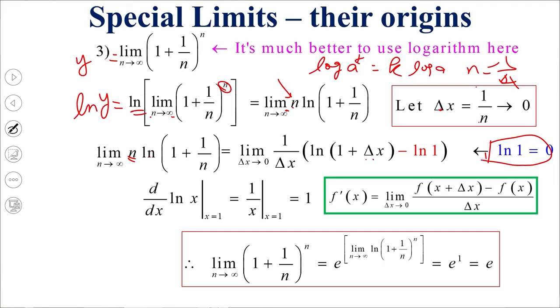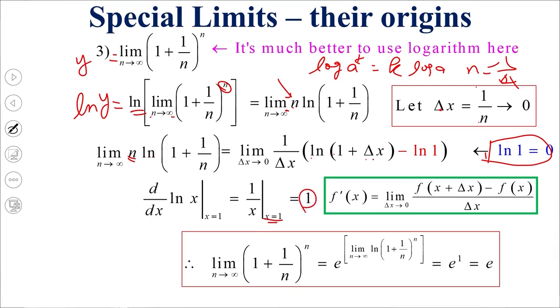If I now consider my x to be 1 and my delta x to be delta x here, that is the same as having the first derivative of ln of a function, because this is exactly the same as this one if that one were x. So this is d/dx of ln x, which is simply 1 over x evaluated at x equal to 1. So 1 over 1 is simply equal to 1.